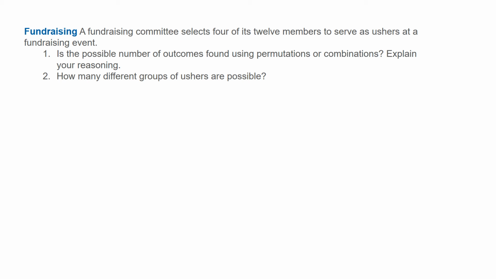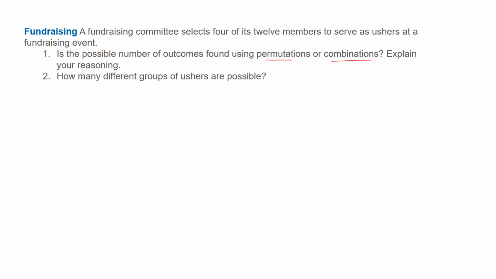So here's a problem. A fundraising committee selects 4 of its 12 members to serve as ushers at a fundraising event. So we want to know, can we use permutations or combinations to find this number?